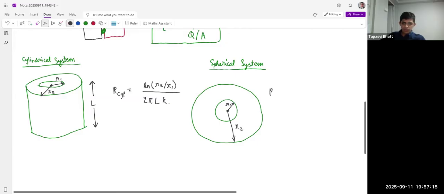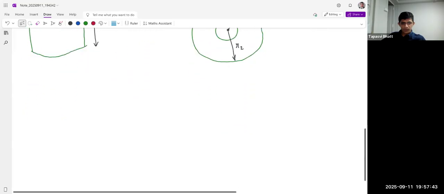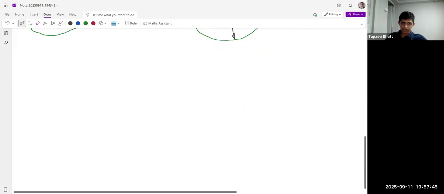So, R of sphere, and please note these are for conduction, comes out to be R2 minus R1 over 4 pi R1 R2 K. Yes. So these are two equations for the conductive resistances in the cylindrical and the spherical coordinates.